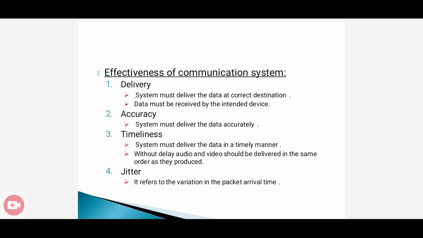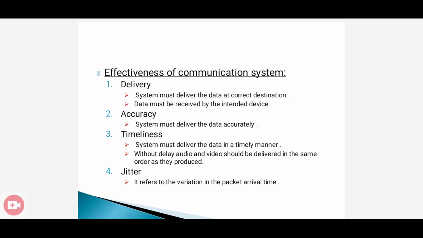The data must be received by the intended device, the actual device. Clear? That is delivery. That is the first parameter we use for analyzing the effectiveness of a communication system.